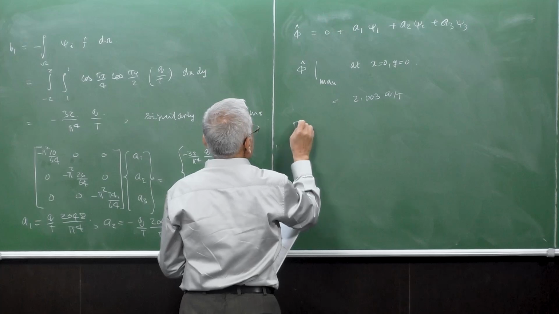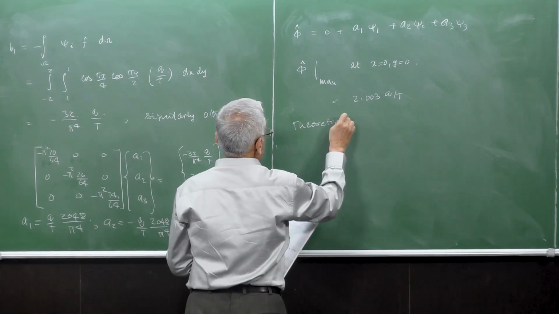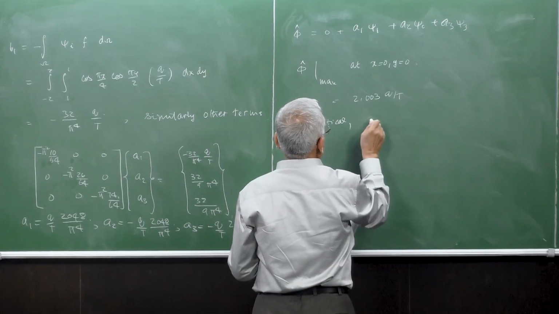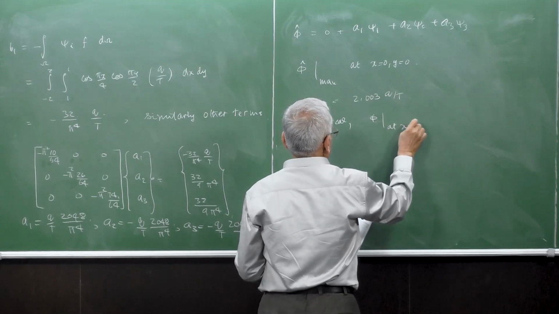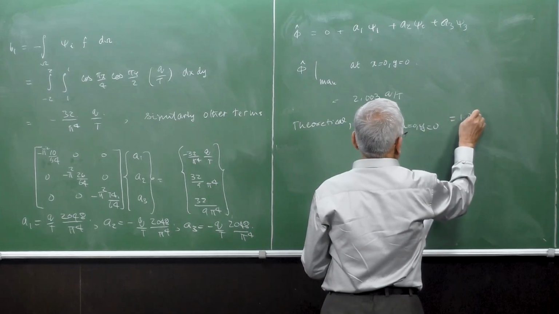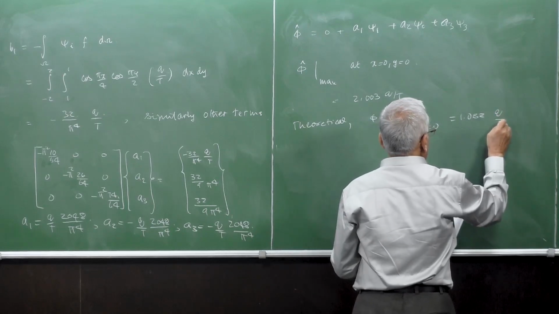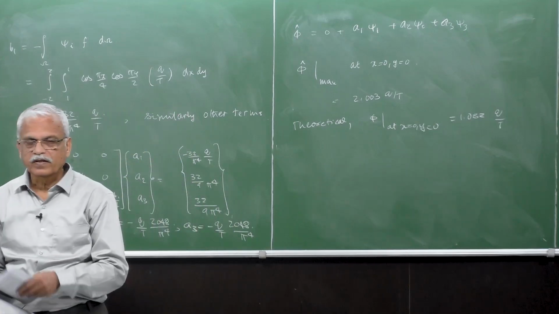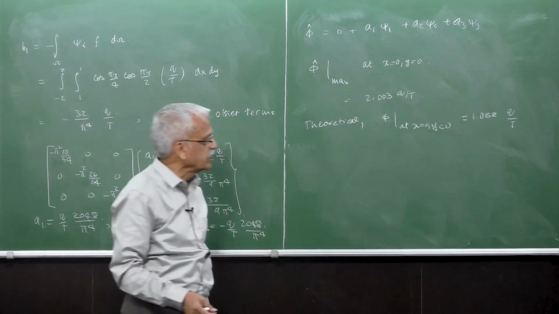And the theoretical exact will be pi 1.082 2 by t. So these are just the comparison of an exact value with the approximate one, which we got only using the 3 terms.